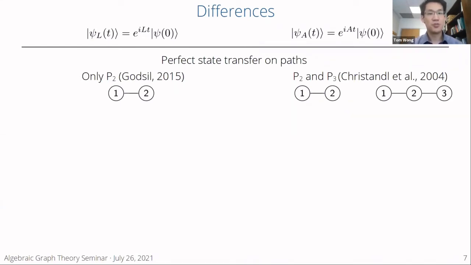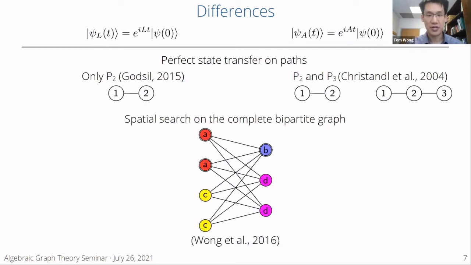So another difference between the Laplacian and adjacency walks arises if you look at search on the complete bipartite graph. So here's a complete bipartite graph. This is actually something I looked at with some collaborators back in 2016. If you want to do search on this with the Laplacian, then you can actually show that it's best to start in a uniform superposition over all of these, say, 7 vertices.